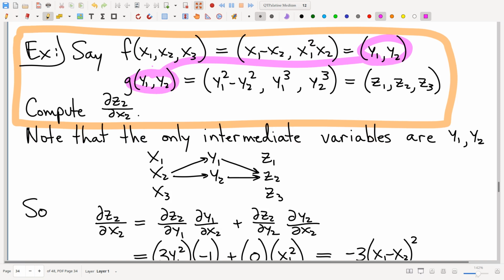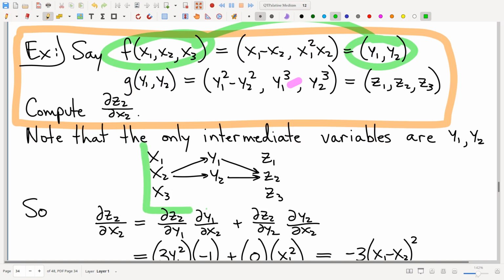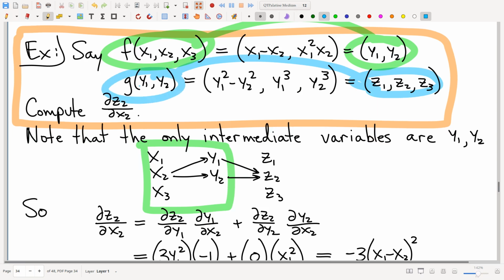So y1 and y2 are f of x1, x2, x3. There's that part of the diagram right there. And then likewise having the z's be g of the y's gives me that part of the diagram.